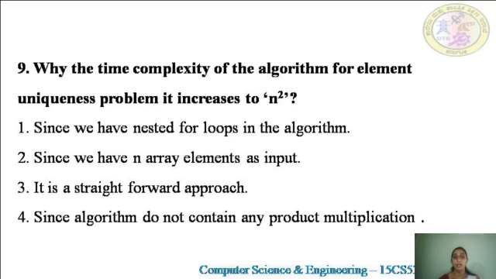Fourth choice, since the algorithm does not contain any product multiplication. Yes, what is your answer? Yes, it is since we have nested for loops in the algorithm, that is the ith loop and the jth loop.